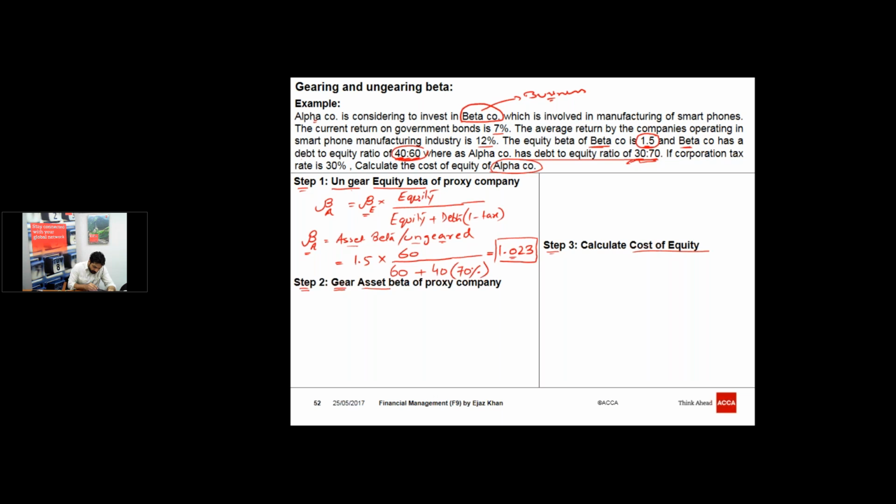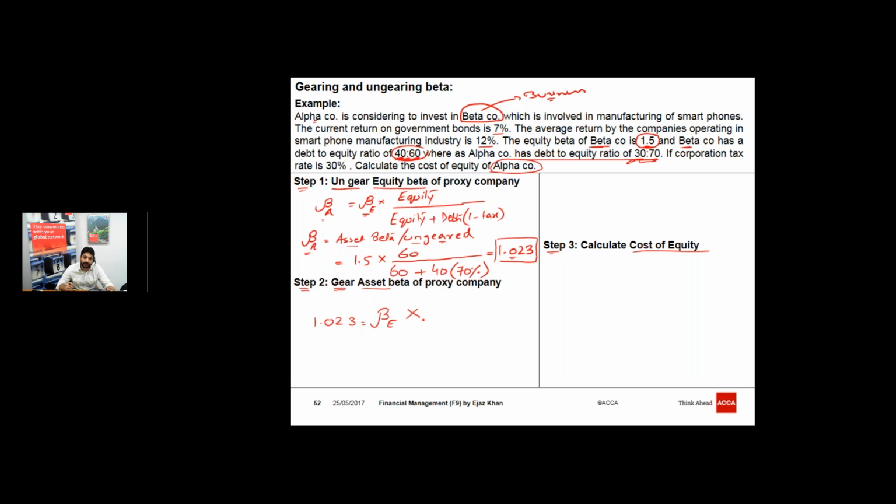So we'll again use the same formula, but this time we have asset beta with us, which is 1.023, and we have to find equity beta, and we'll be taking the gearing ratio again, but this time the gearing ratio should be of which company? What do you think? Which company's gearing ratio should I be using? Yes, it's Alpha Company, because we have to incorporate the financial risk of Alpha Company.